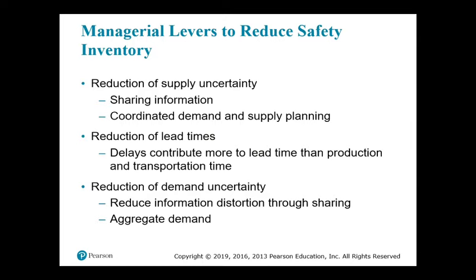And then in forecasting, we talked about the laws of forecasting. We know that aggregated forecast is more accurate than disaggregated forecast. So by pulling demand forecasts together, we're able to reduce the total demand uncertainty involved.